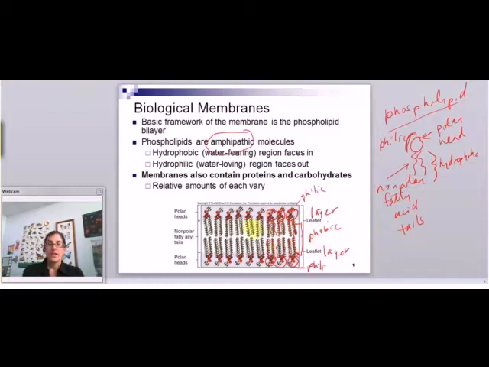The reason why these have to face this way, where the hydrophobic part is always facing in, is because there's water on either side of the membrane. So the inside and the outside of the cell are based in water. So parts that like water, the hydrophilic parts, will always face towards water, and these will want to be away from water, and so they'll have to face in.